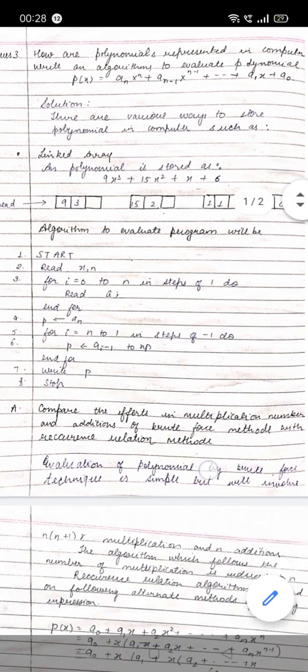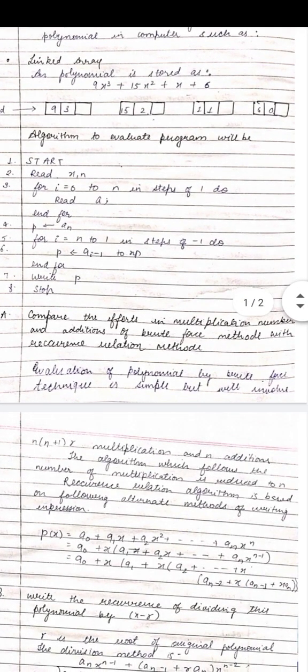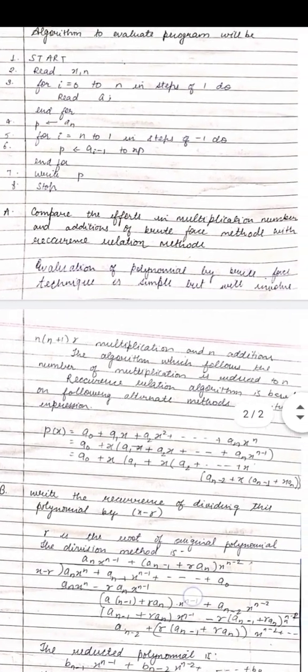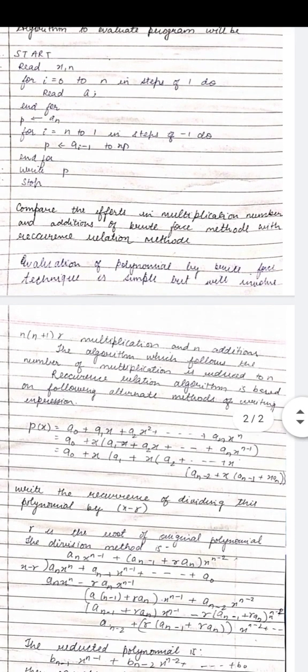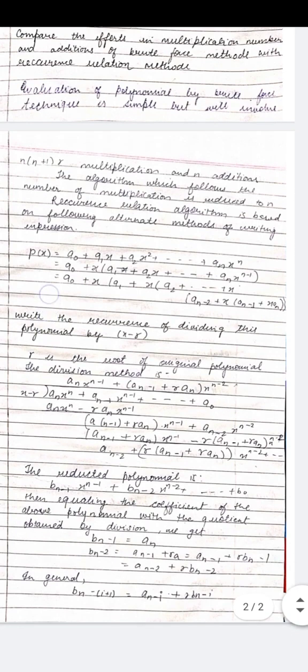Now we will do the sub part of the question, which is to compare the effort in multiplications and additions of the brute force method with the recurrence relation. Evaluation of polynomials by the brute force technique is simple but will involve n into n plus 1 by 2 multiplications and n additions. In the algorithm that follows, the number of multiplications is reduced to n. The recurrence relation algorithm is based on the following alternate methods of writing the expression.